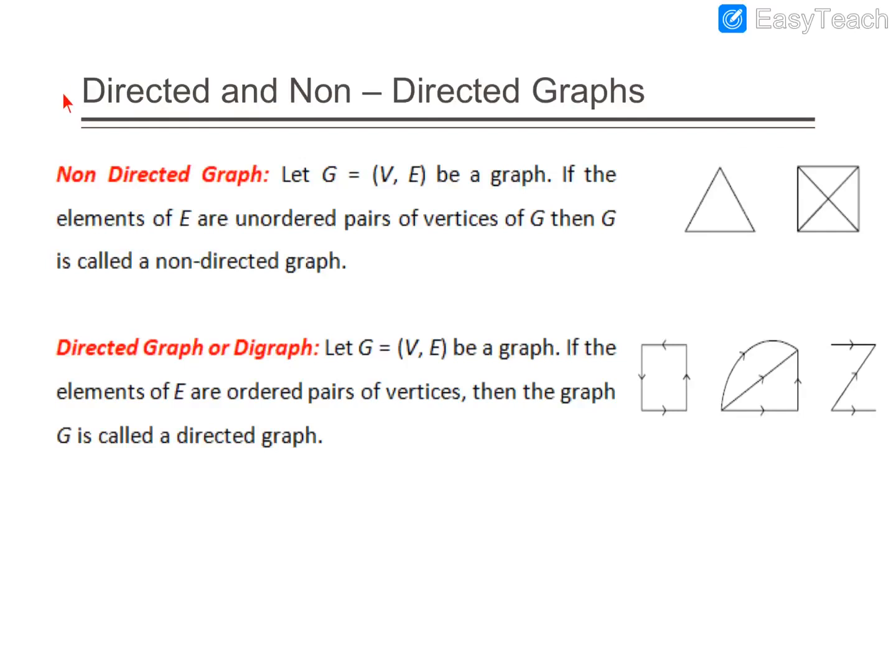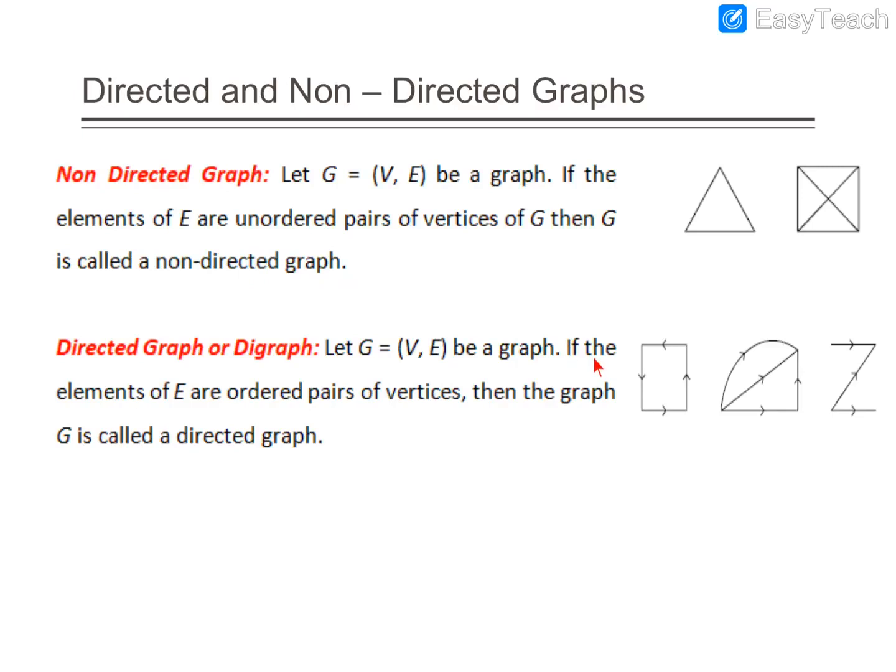Now, what are directed and non-directed graphs? If G = (V, E) is a graph, and the elements of E are unordered pairs of vertices of G, then G is called a non-directed graph.